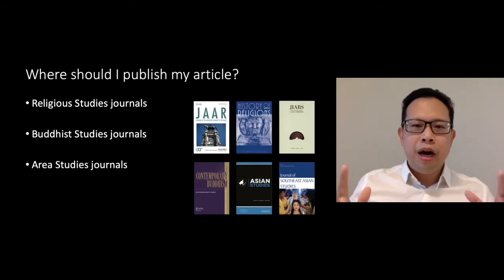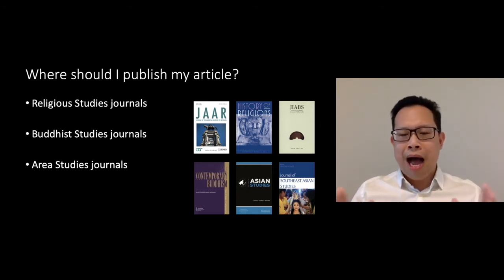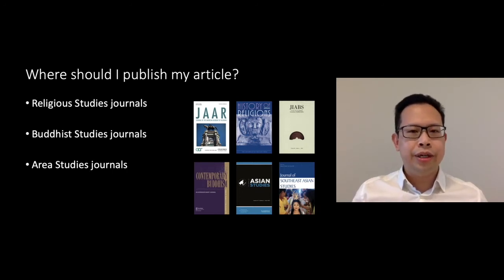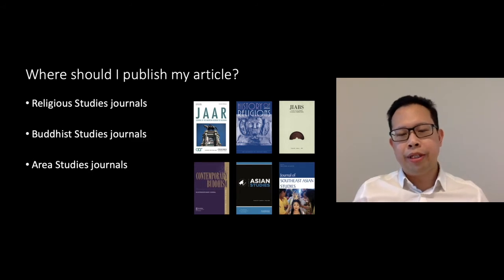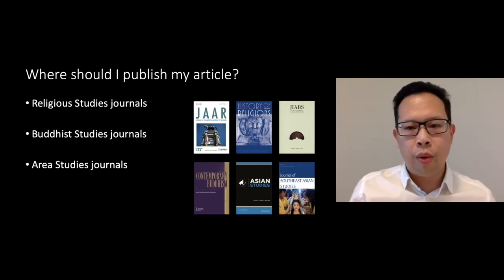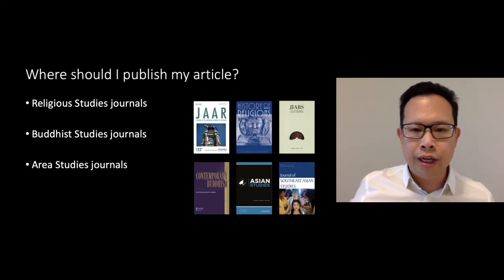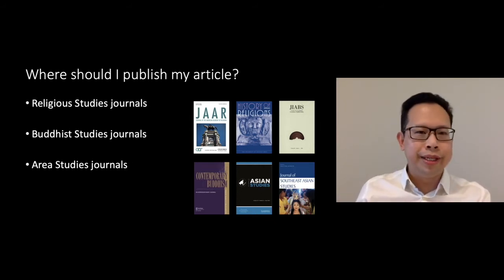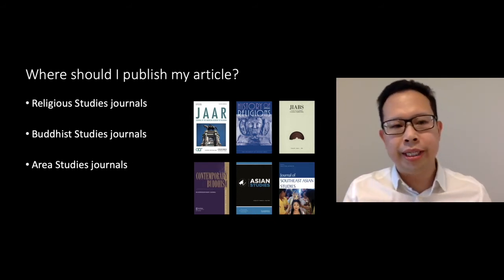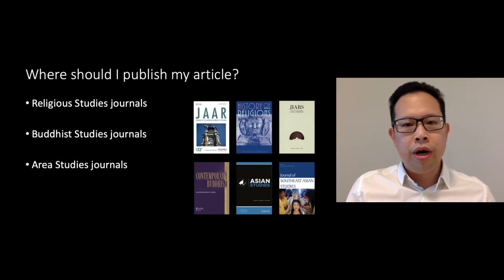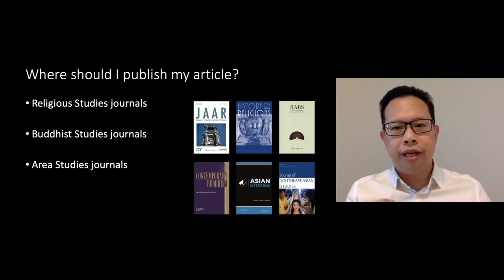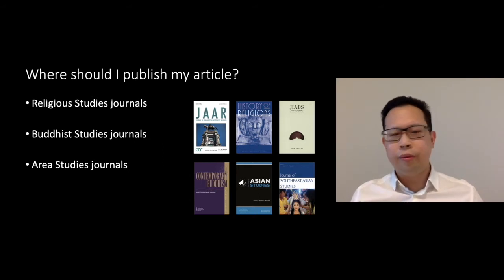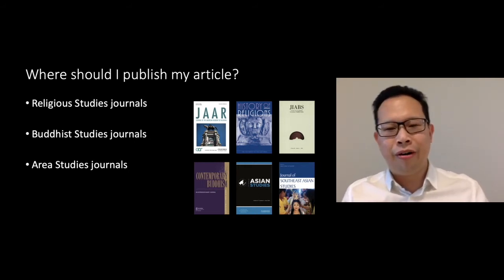So some of you might want to publish your work in a religious studies journal which has a broader audience and broader scholarship, that you might want your work to reach other scholars who work on religion other than Buddhist studies. So you might want to consider publishing your article in a religious studies journal, for instance, such as the Journal of the American Academy of Religion, which is the top journal in our field.